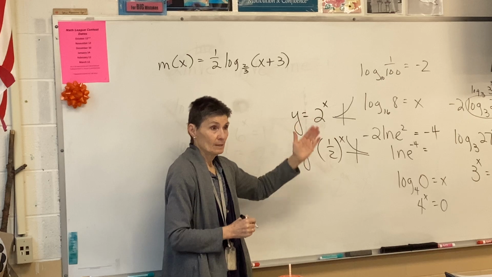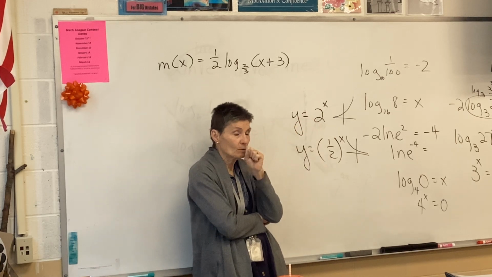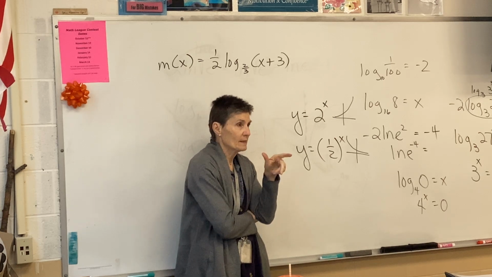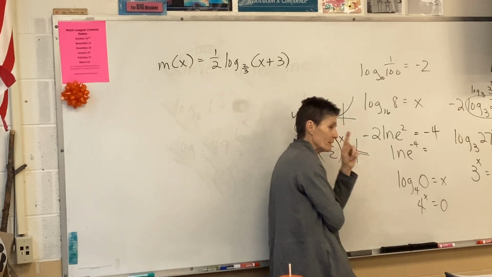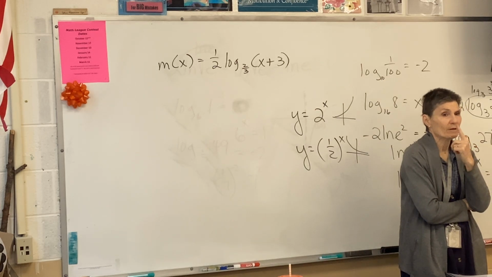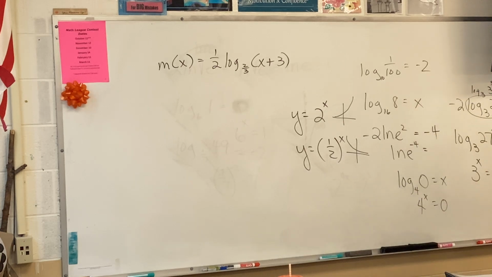Now let's see if we can think about this. I know it's the first day of the week, I know it's freezing cold out, but what's the relationship between logarithms and exponents? They're inverses. Remember when you find the inverse of an exponential, it's a logarithm equation and vice versa?